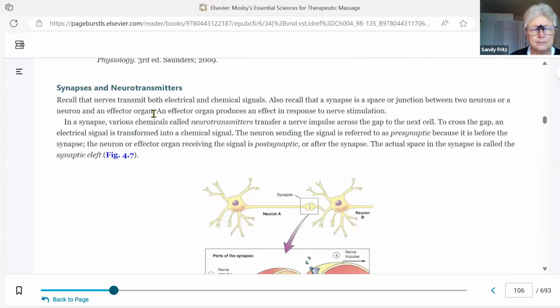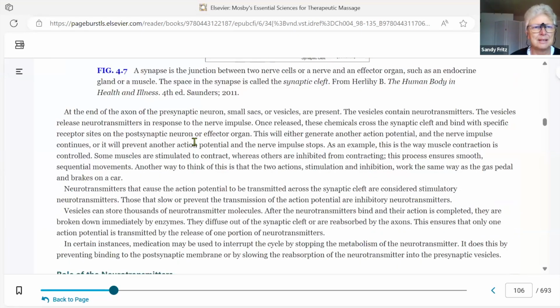Synapses and neurotransmitters now is where it gets really fun. And the communication, what transmitters tend to do and how they even move towards how we behave in certain circumstances.